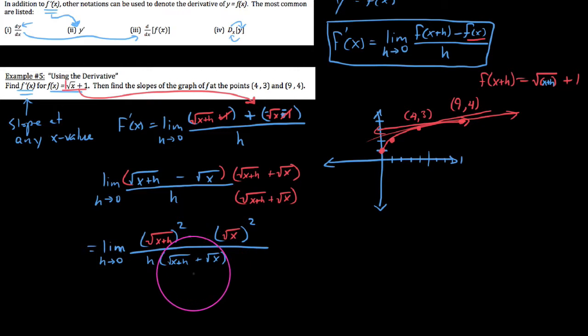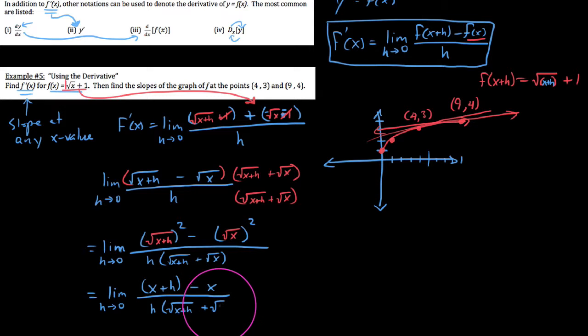We're going to go ahead and leave this factored. But on the top, to rewrite this again, we have the limit, not been evaluated yet, as h approaches 0 of just this. Now I've squared a square root, which instead just leaves this x plus h for the first part, and this will be minus x for the second part. And this is all over h times the square root of x plus h plus the square root of x.